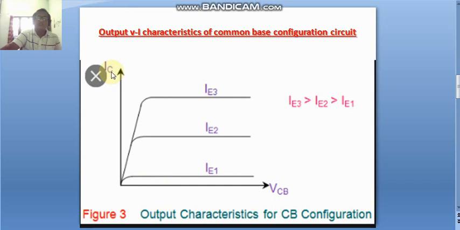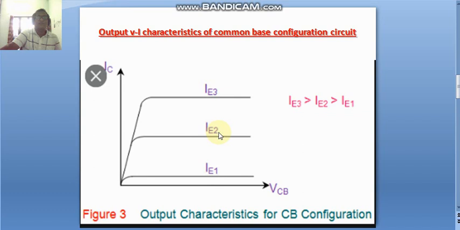Therefore, in order to draw the output characteristics, we are taking VCB versus IC by keeping IE constant using RH1. So the first curve represents the output VI characteristic curve for the first reading.